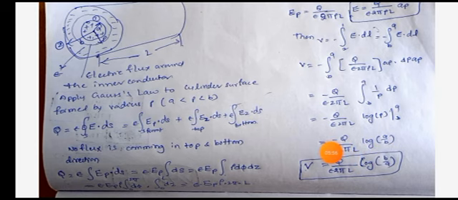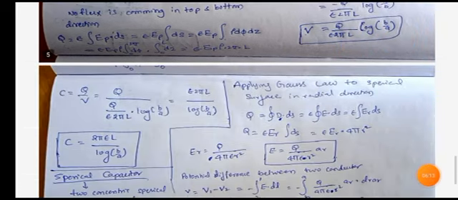So here we have minus. If you take the minus into the logarithm, it will become log of b by a. So we got the voltage formula: V equals Q by epsilon into 2 pi L, log of b by a. Now you got voltage, and C equal to Q by V, so substitute the voltage formula here.